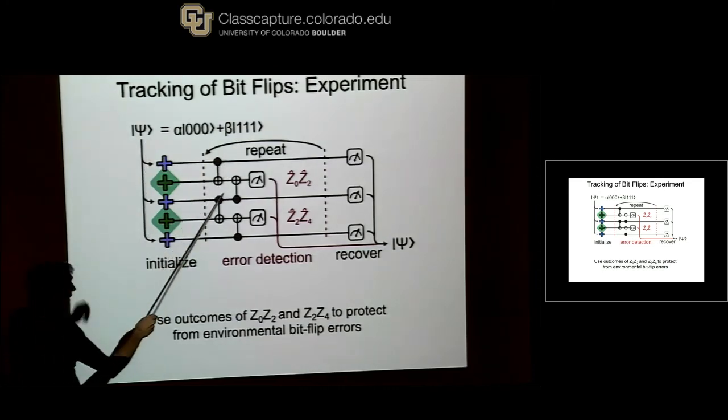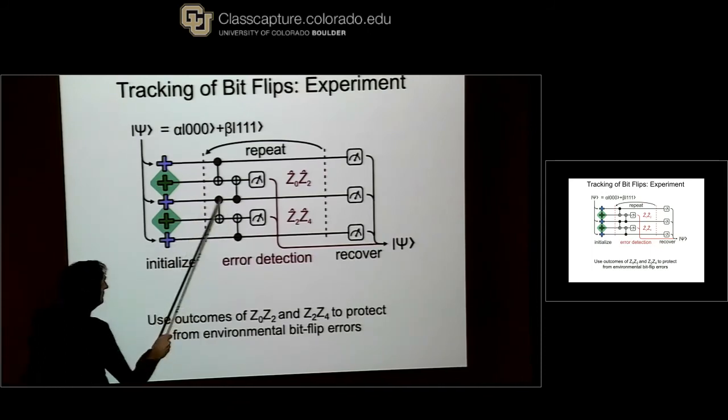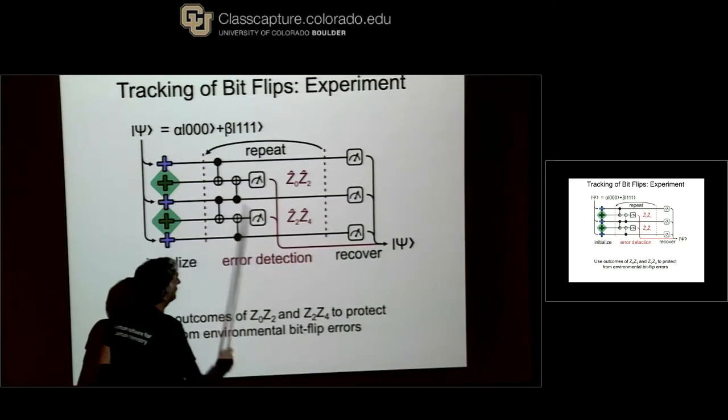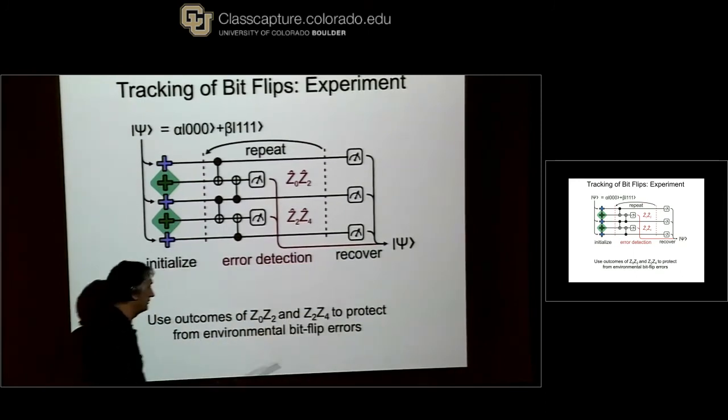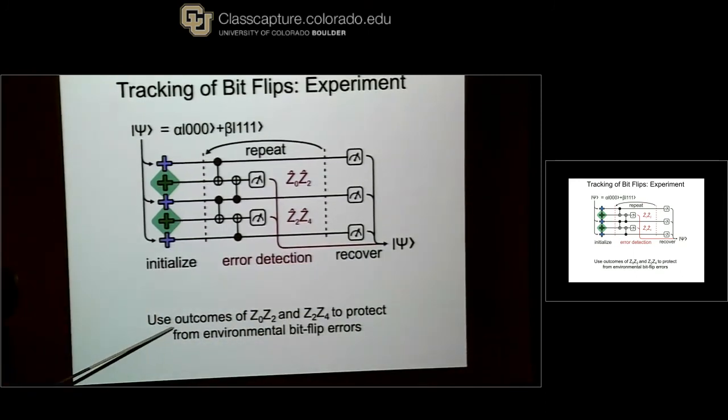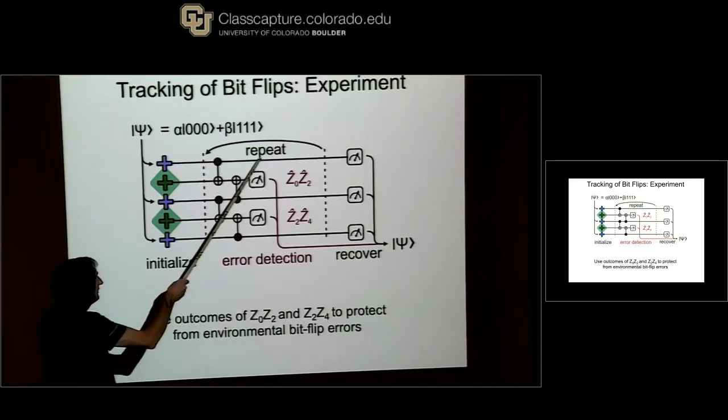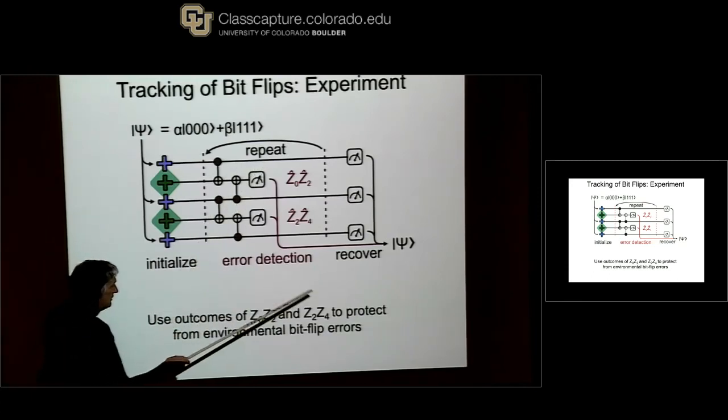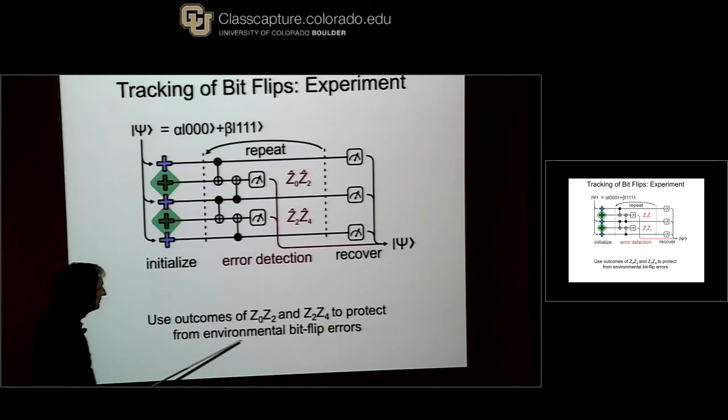We're going to measure the parity here, see what happens. Error detection, do this over and over again and see if we can recover. And we're going to use the outcomes of these bit flip parity measurements to protect against the environment giving us bit flip errors.